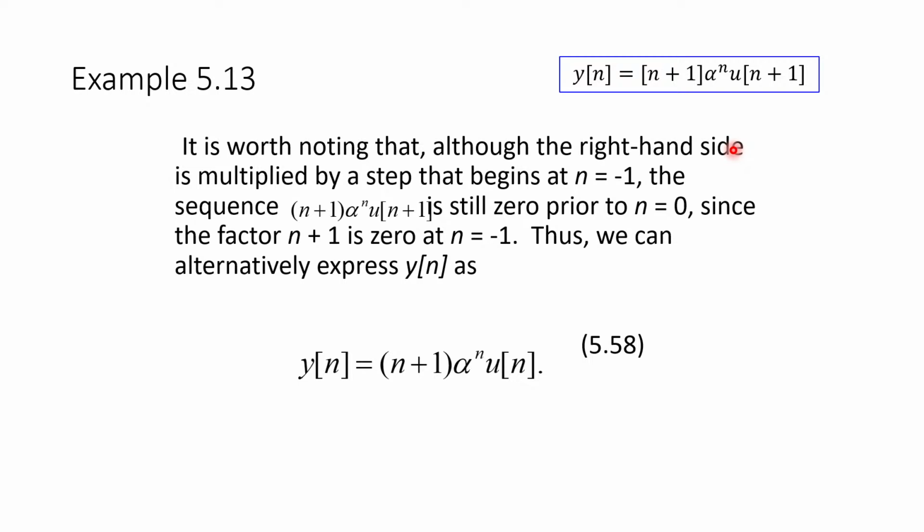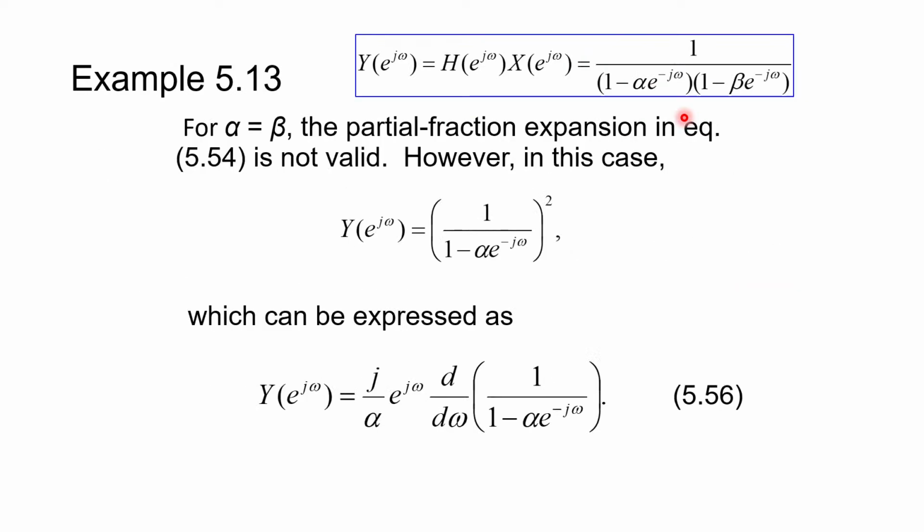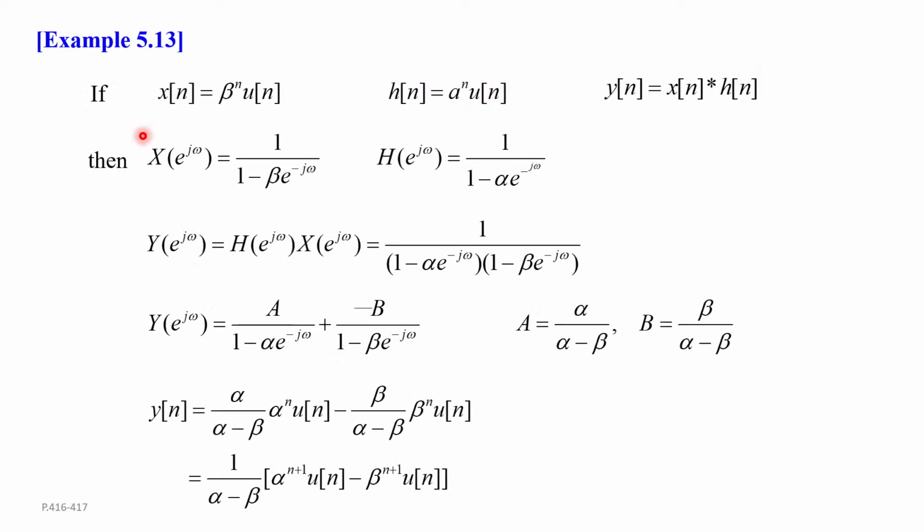Anyway, so that's it. And there is something a little more to say about this thing. That is, this u of n plus 1 looks a little weird. U of n plus 1 is something like having a value at n equal to -1, right? But your x and h are both starting at n equal to 0.